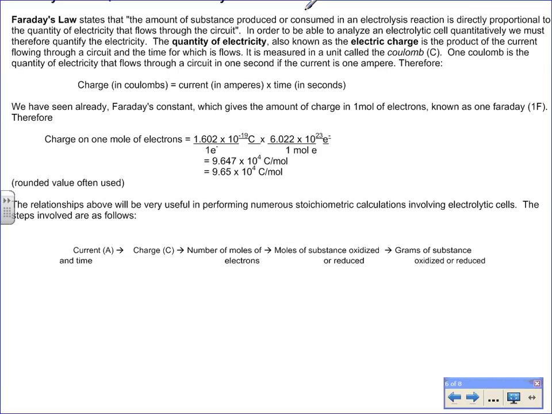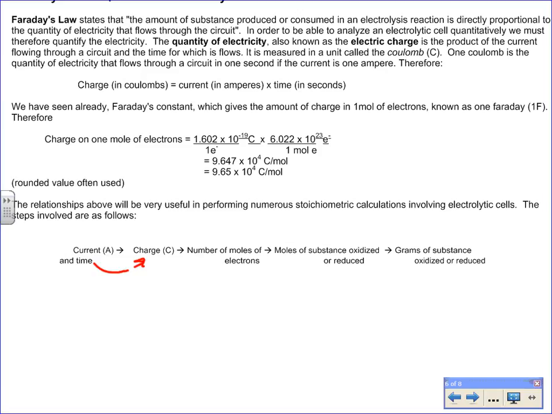Okay, so if we take the current and the time, we can use that to find the charge by multiplying by time. Using the charge, we know Faraday's constant of 9.65 times 10 to the 4 coulombs per mole of electrons.